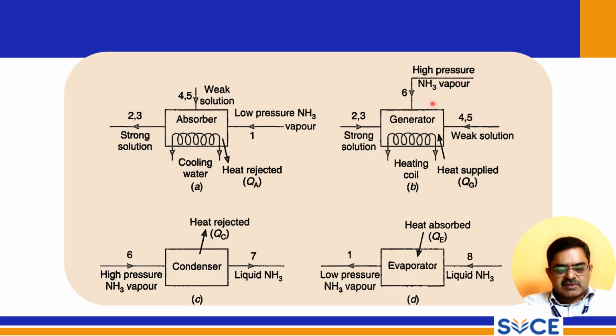And now this is the generator process, and the generator is connected to the condenser. So high pressure NH3 is input to the condenser, and 7 is the output from the condenser. So this is the cyclic process. And once we get the clear picture of all these parameters, we can solve the remaining steps in this problem.